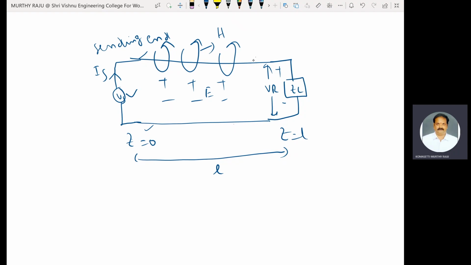This indicates that the line has some series resistance R. Also, there exists a magnetic field H around the conductor, shown in figure, due to the flow of current through the conductor, which indicates that the line has some series inductance L.